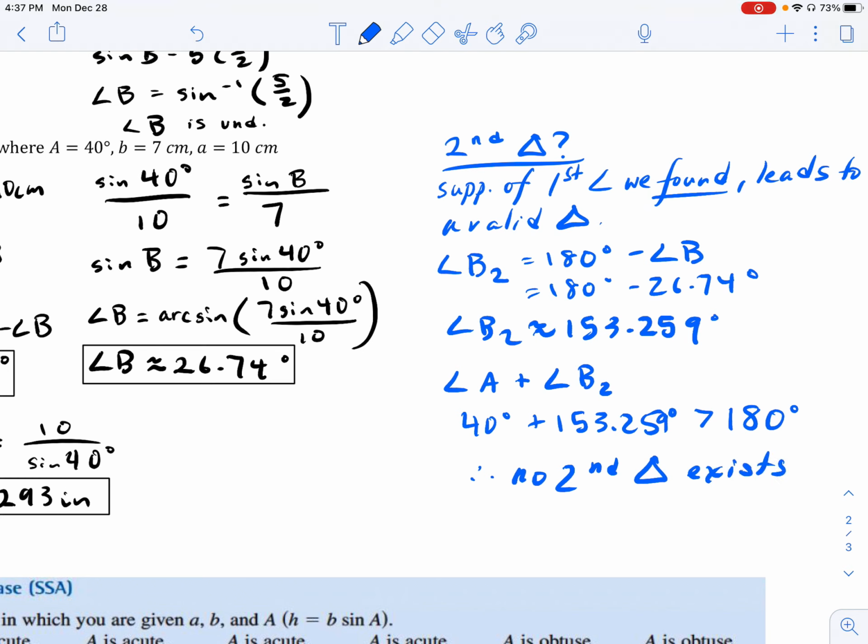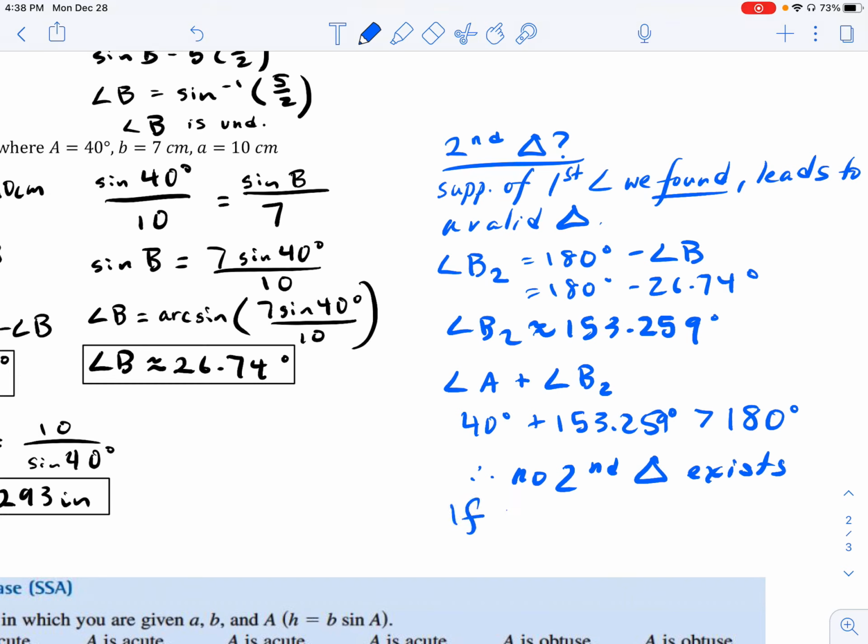Had this angle B sub 2, the supplement of the first angle B that we found, been an angle that when added to 40 degrees gives a sum less than 180, then this second triangle would exist. And you would repeat using the law of sines to figure out all the remaining sides and angles. Okay, and I'll write that.